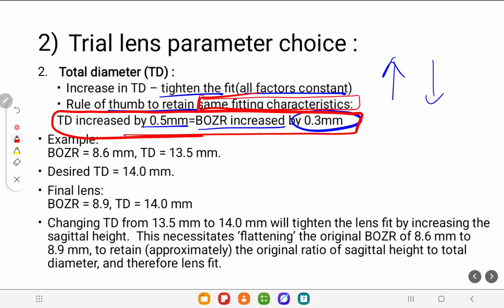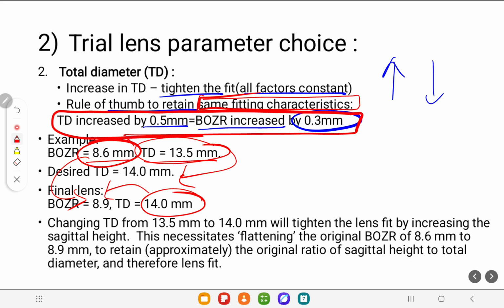What do we mean by the same fitting characteristics? Roughly the same sagittal height. We can say roughly, yes. For example, if BOZR is 8.6 and total diameter is 13.5, and we increase total diameter by 0.5 mm, then we have to increase BOZR by 0.3. So a 14 mm total diameter with 8.9 BOZR will give the same kind of fitting as a 13.5 mm total diameter with 8.6 BOZR.